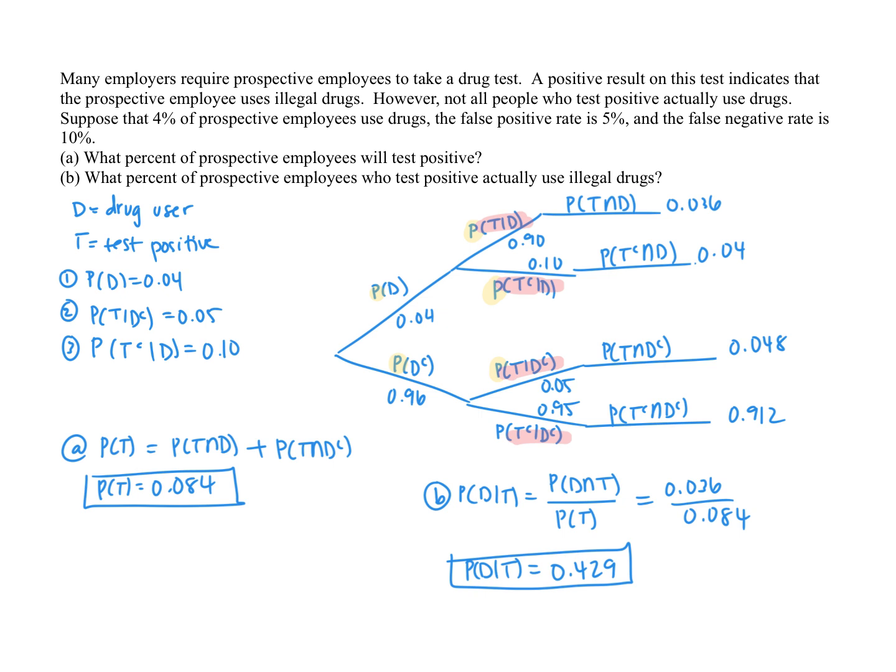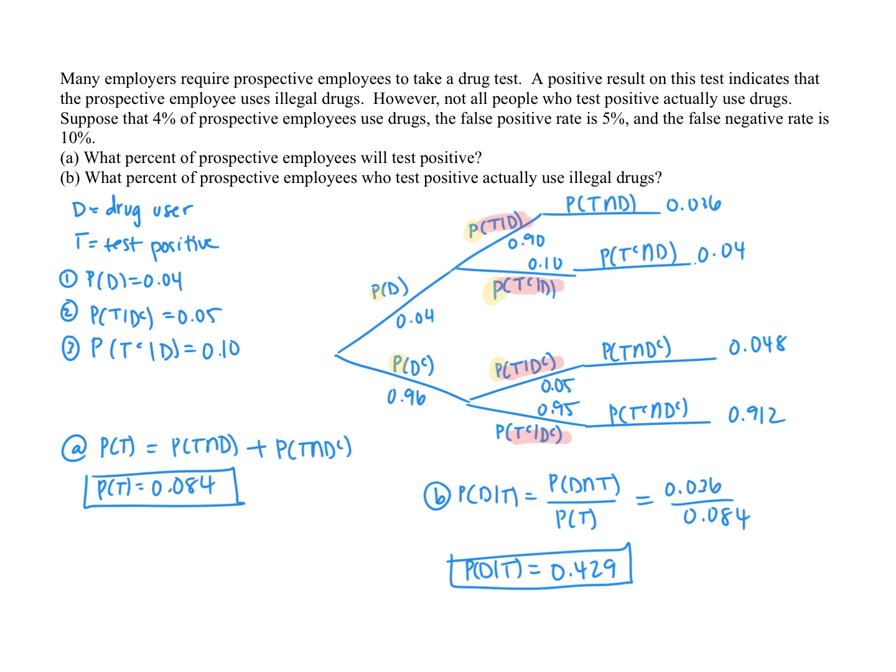So then in part A, testing positive, that happens only two ways. Either the person tests positive and they use drugs, or they test positive and they don't use drugs. So that is 0.084. And then in B though, what percent of prospective employees who test positive?